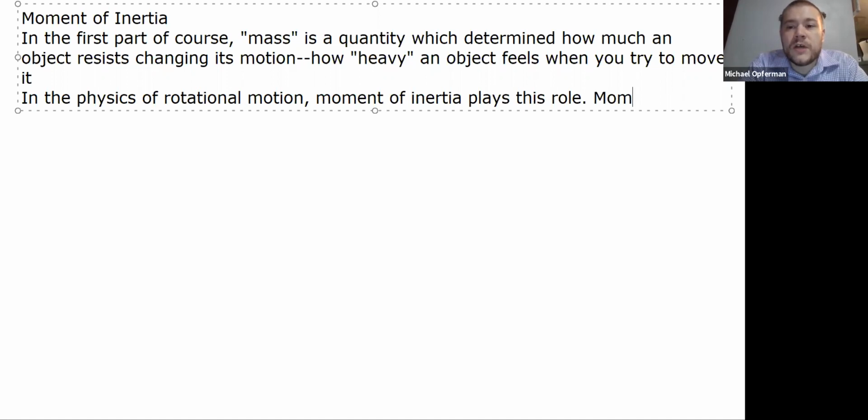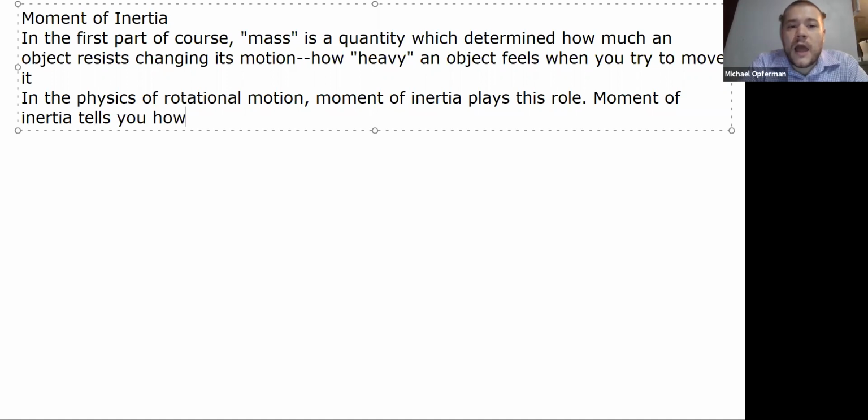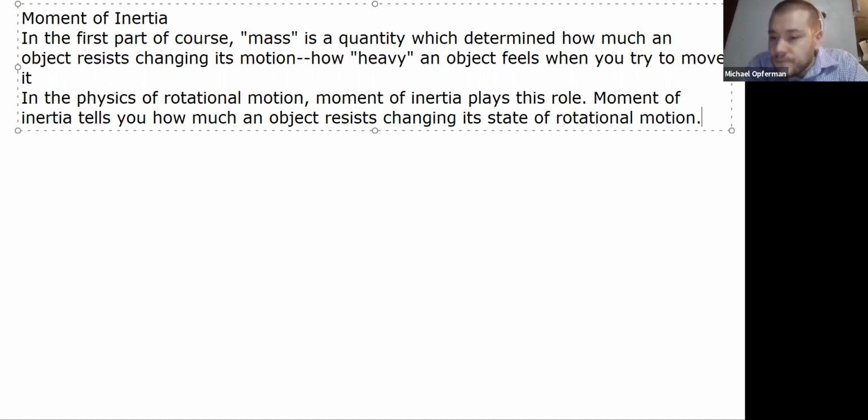So moment of inertia tells you how much an object resists changing its state of rotational motion. For example, if I take this pen here and I want to rotate the pen like this, I can feel how heavy that is with my finger.